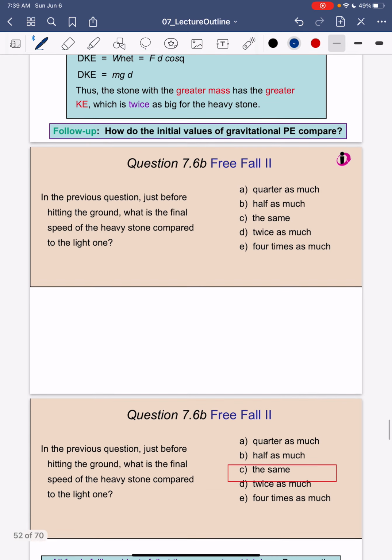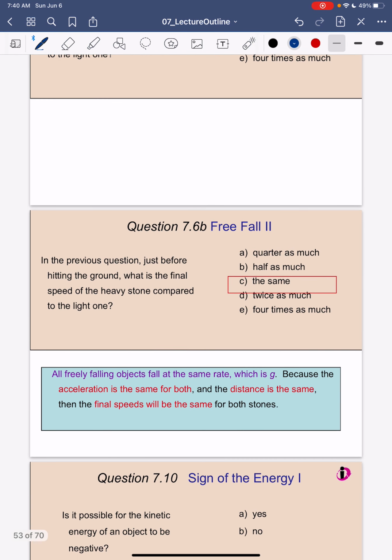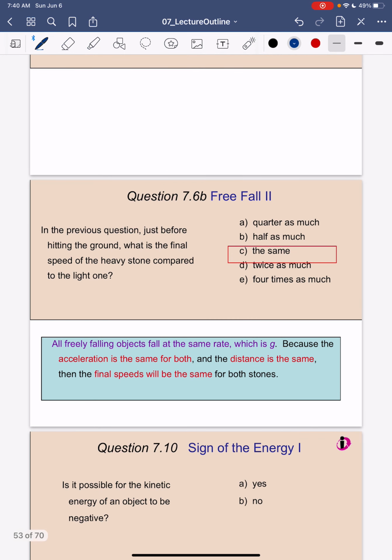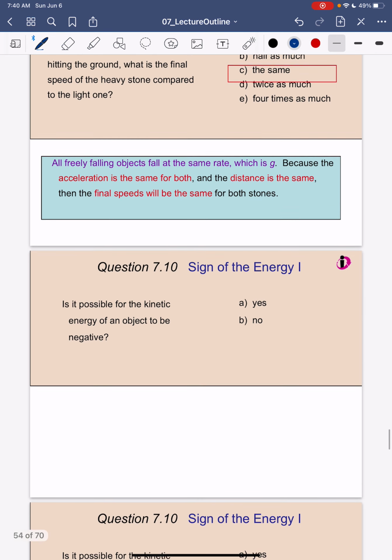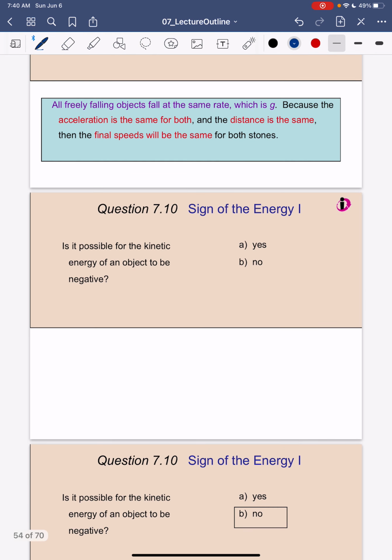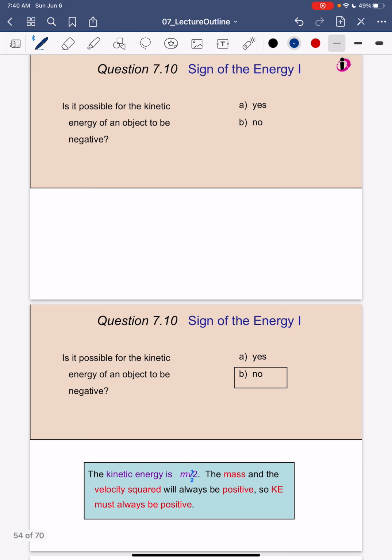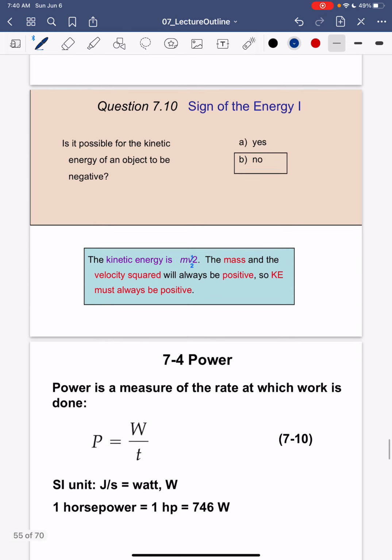Okay, we know this is from free fall, the speed is going to be the same because the acceleration is going to be the same for both. Is it possible for the kinetic energy of an object to be negative? Of course, no, because the mass cannot be negative, and the speed, even if it is negative, is going to be squared, then always is going to be positive.